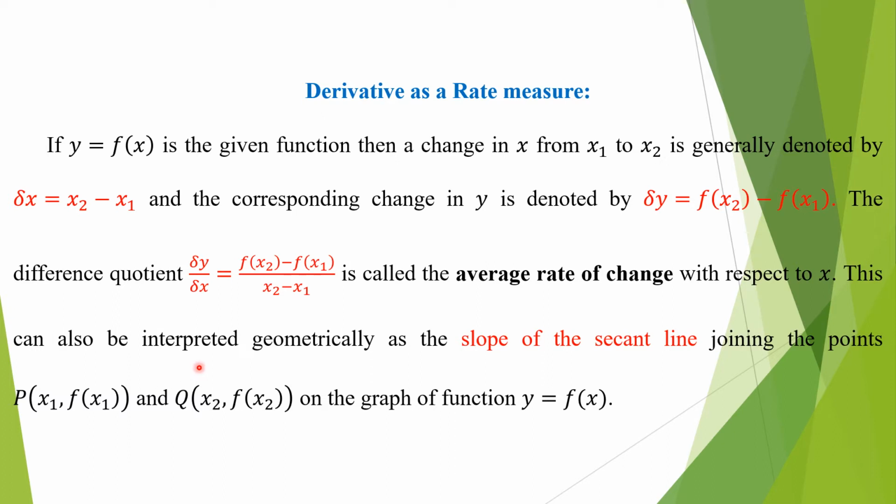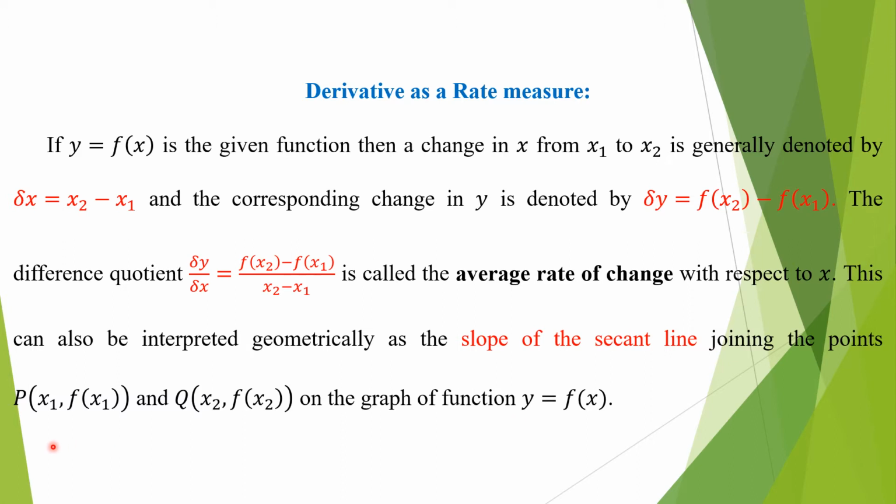This can also be interpreted geometrically as the slope of the secant line joining the points P (x1, f of x1) and Q (x2, f of x2) on the graph of the function y equal to f of x.